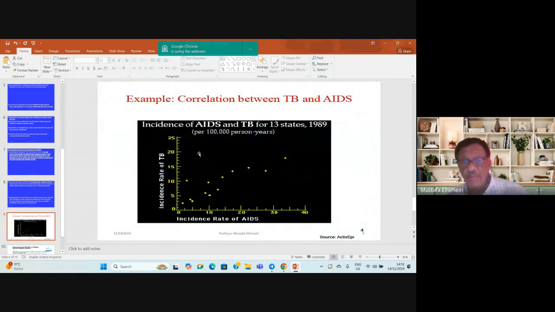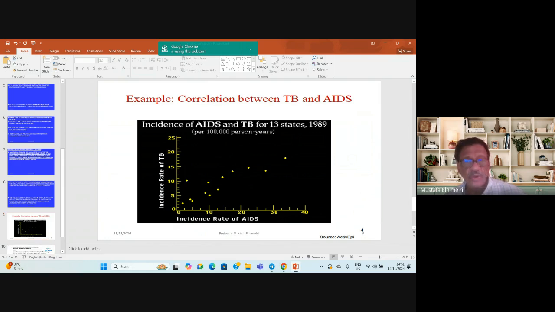This is another example: the correlation study between TB and AIDS, where, as we can see, the incidence rate of TB is compared with the incidence rate of AIDS, for example, per 100,000 persons per year in 13 states.